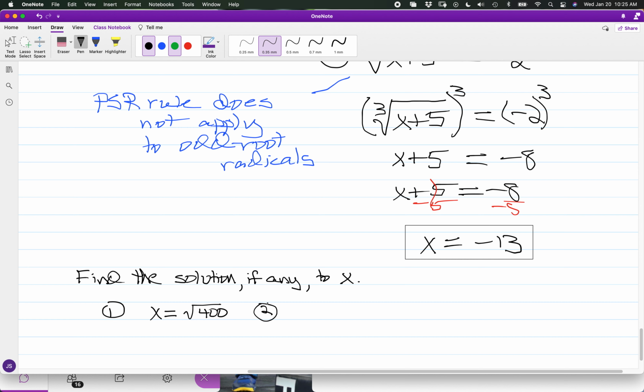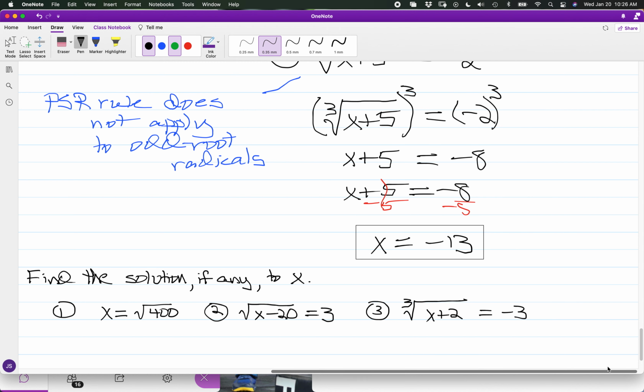And we'll say that we have the square root of x minus 20 is equal to 3. And we'll say that we have the cubic root of x plus 2 is equal to -3.